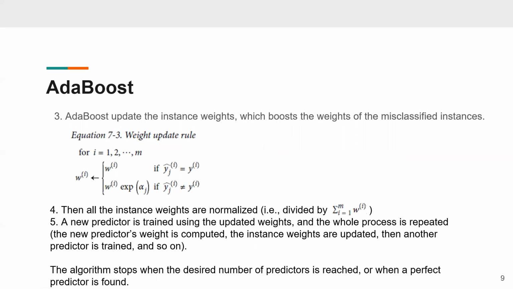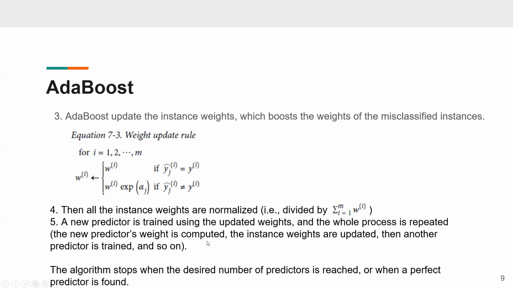In step 4, all the instance weights are normalized. After you do this, you normalize the weights, essentially dividing by the summation of Wi, and the new predictor is trained using the updated weights. A new predictor is a new model, and the whole process is repeated.